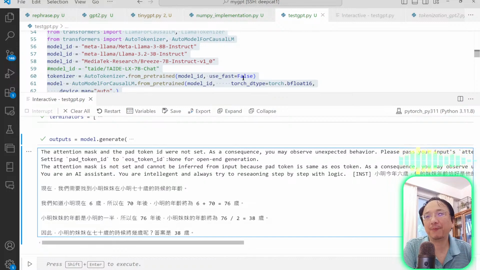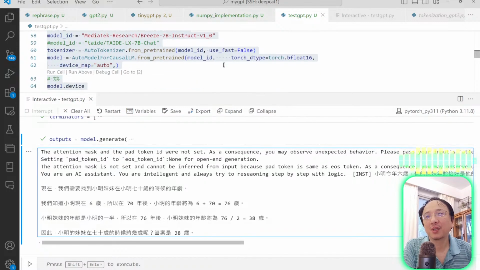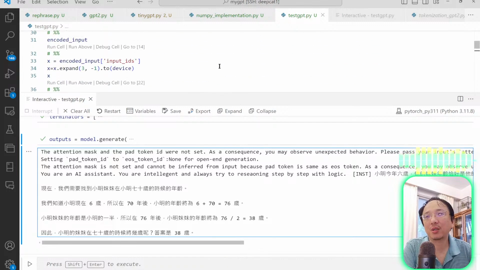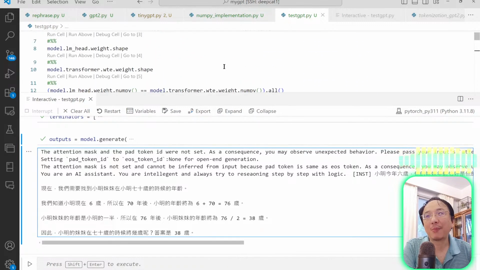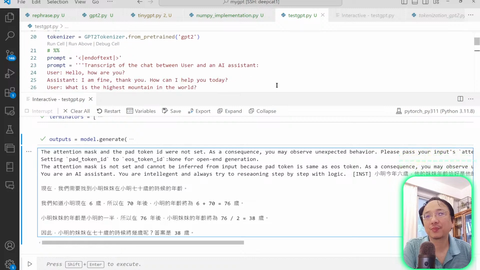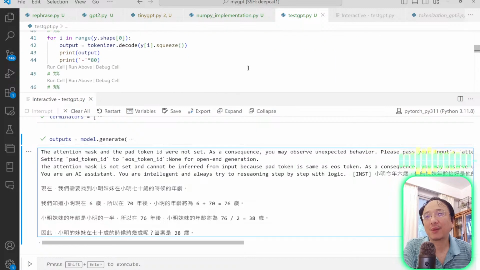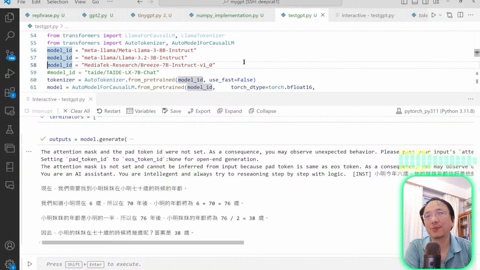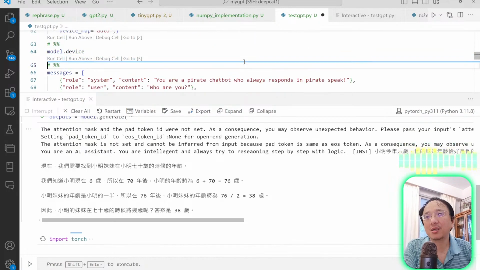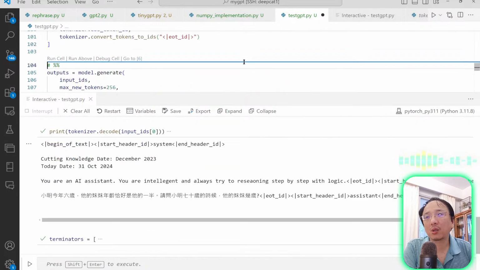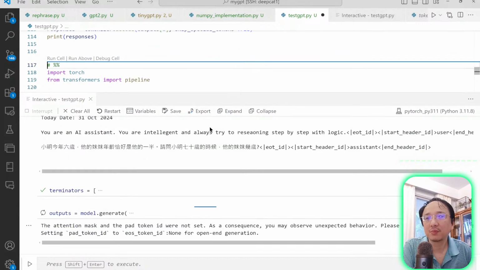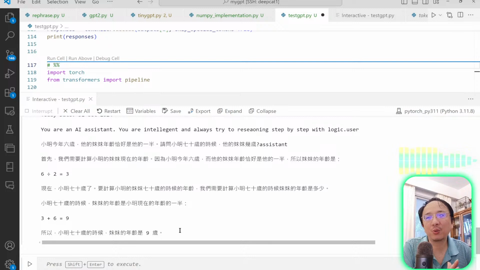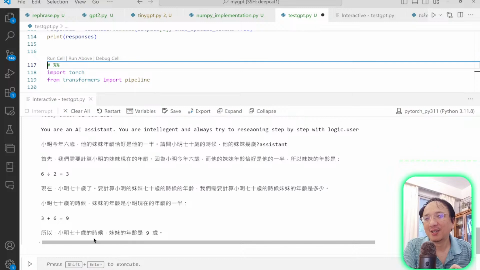So let's try another model. Let's go here and try the Llama model, the original Llama model. I could not find it here. Okay, let's try the Llama 3.2 model and see how it goes. For the Llama 3.2 model, okay, it is still totally wrong. It says 9 years old.